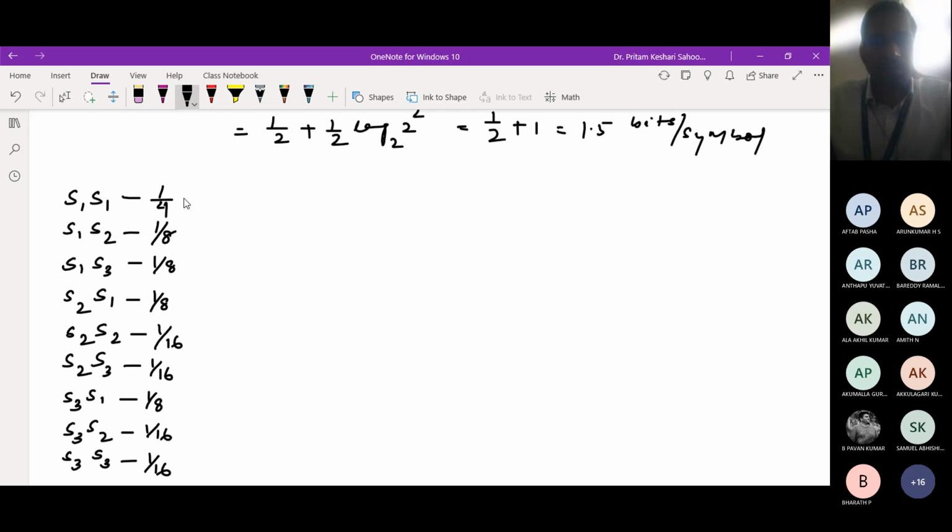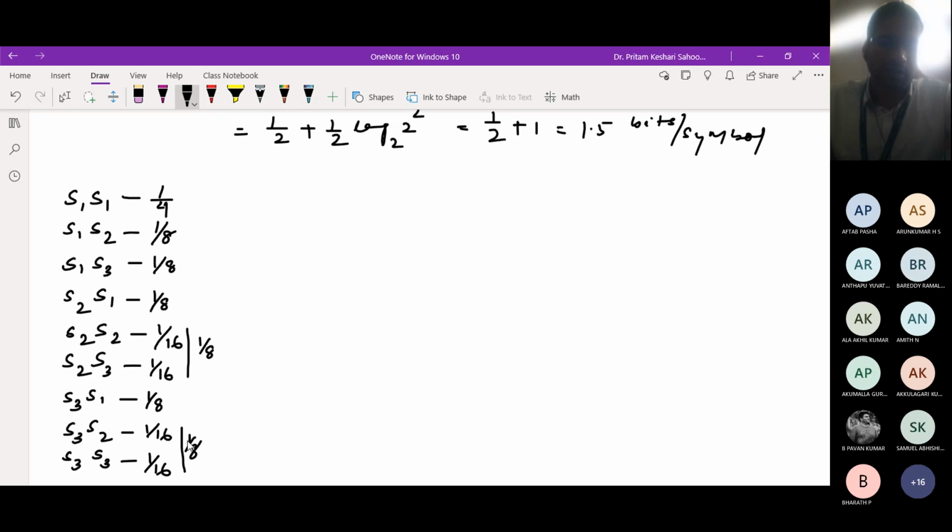Now to verify this, if you add all the probabilities, you will get 1. So you should check it. 1 by 16 plus 1 by 16 is 1 by 8. This 1 by 16 plus 1 by 16 will be 1 by 8. So here you got 1 by 8, here you got 1 by 8.